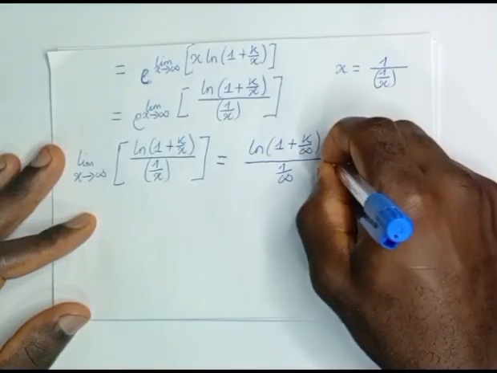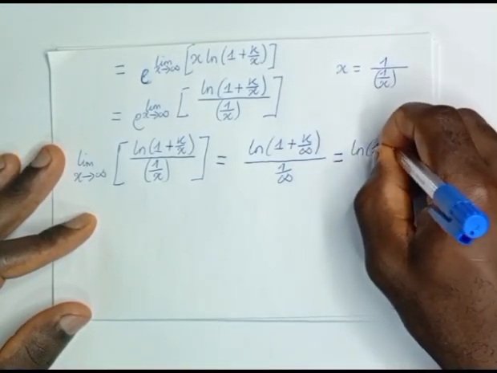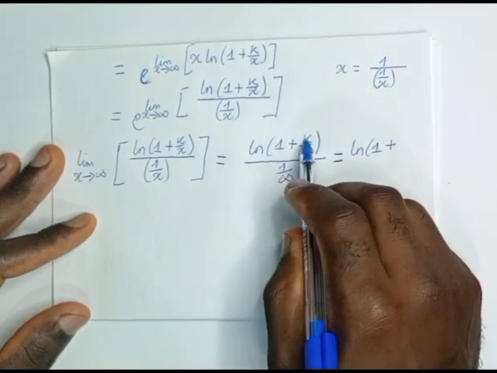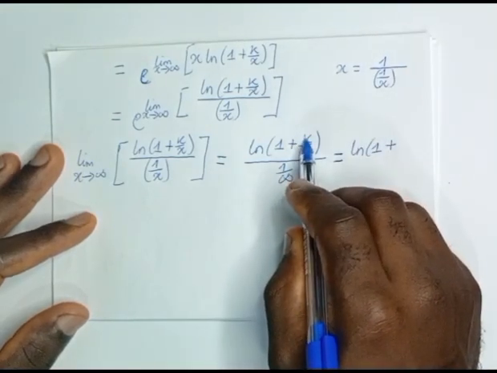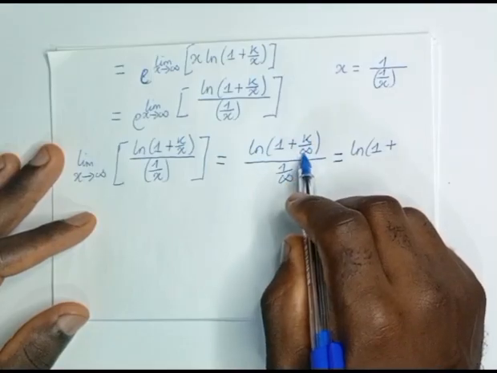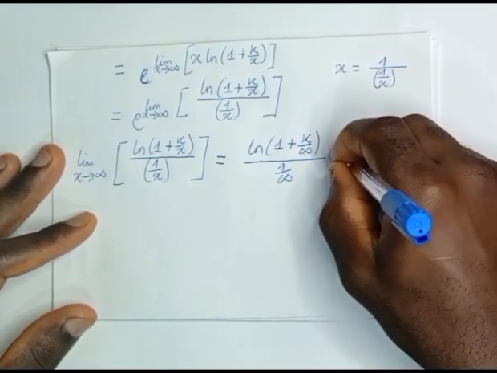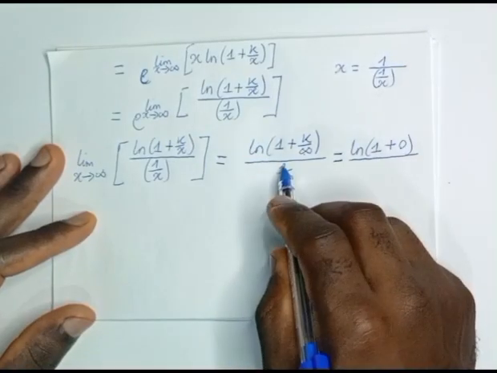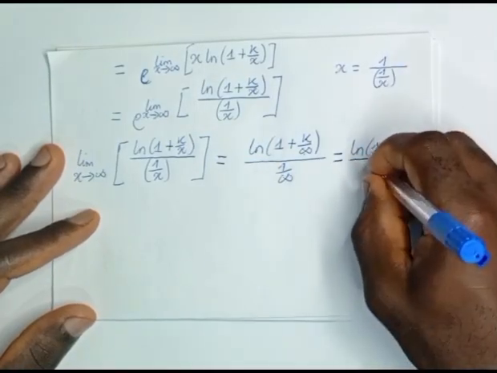Here k is a non-zero constant. We are dividing a non-zero constant by a very, very large number, so this goes to 0. 1 divided by a very large number gives us 0.